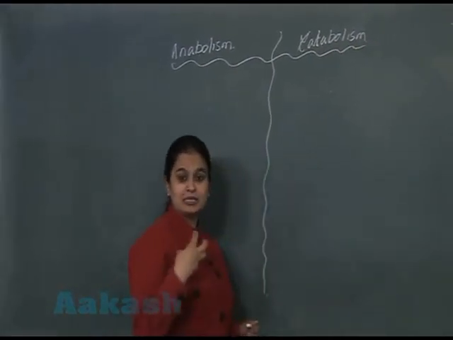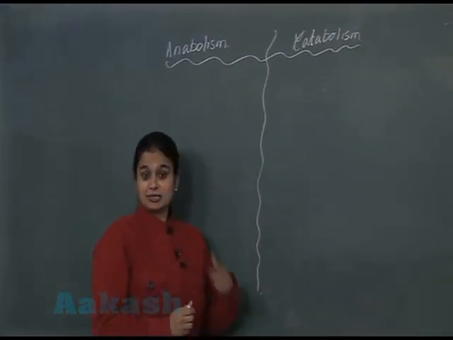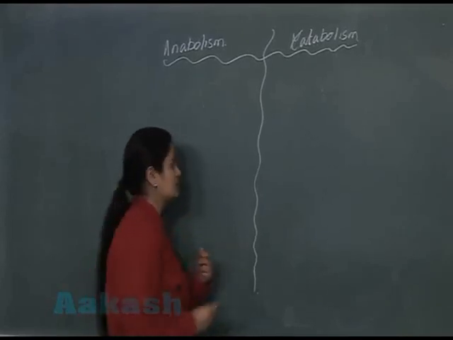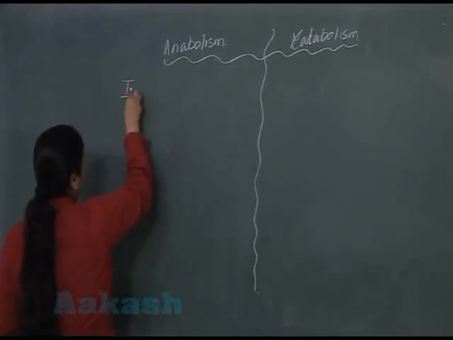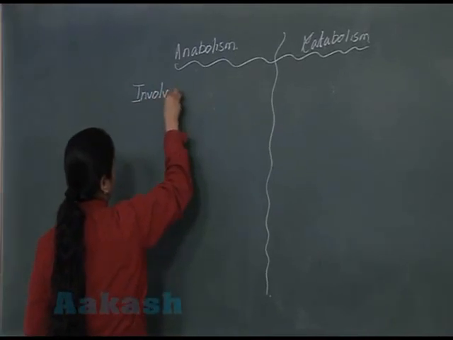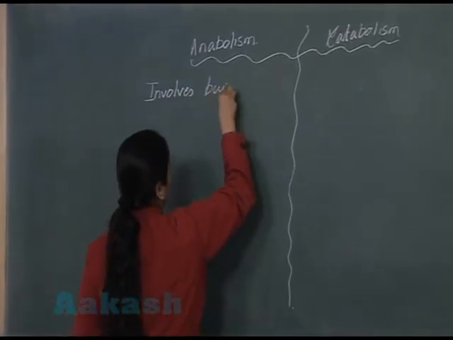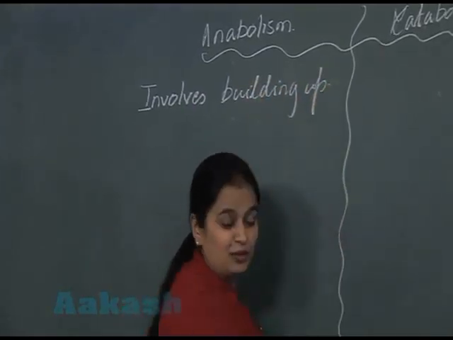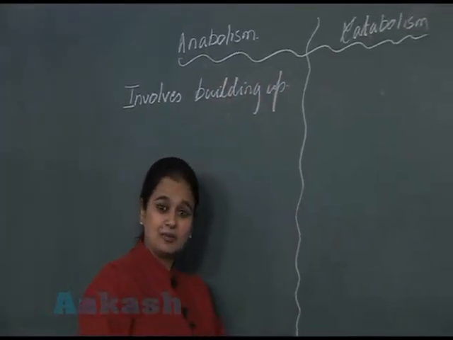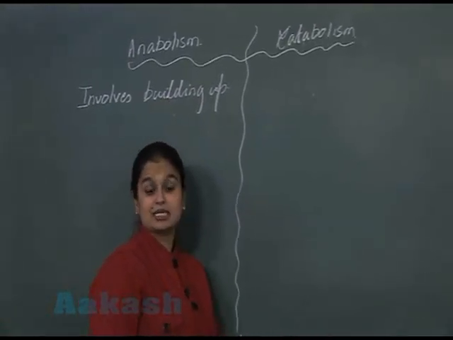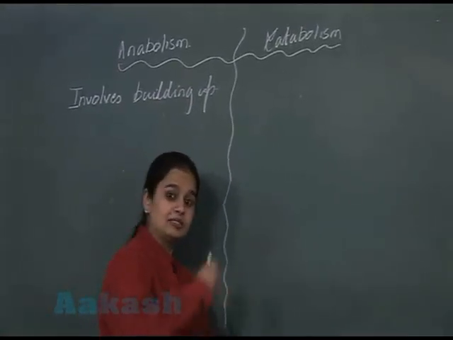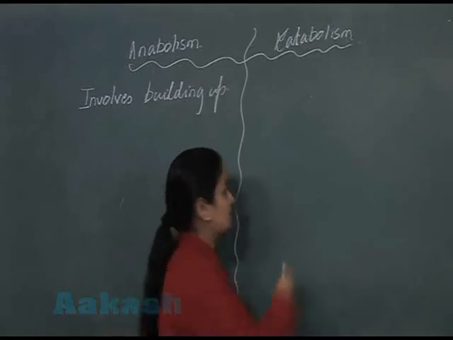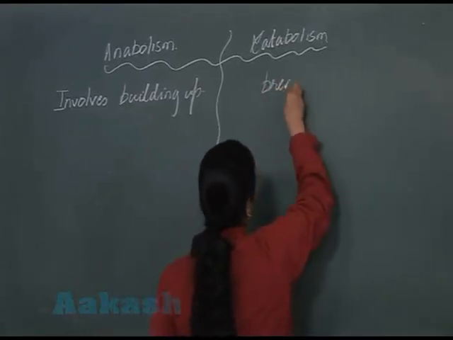Anabolism involves building up reactions. It involves synthesis. But what about catabolism? Catabolism is just the reverse. It involves the breakdown of compounds. So it involves breakdown reactions.